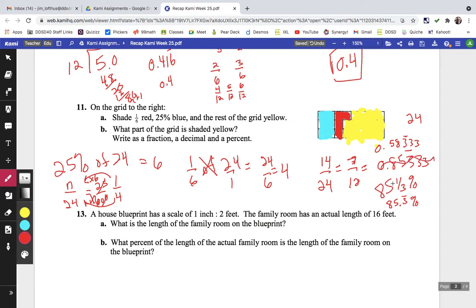So it wasn't that, and it's not that or that. Let's write it up here. It's 58 1/3%, and that looks much more like it, and 58.3 repeating percent.